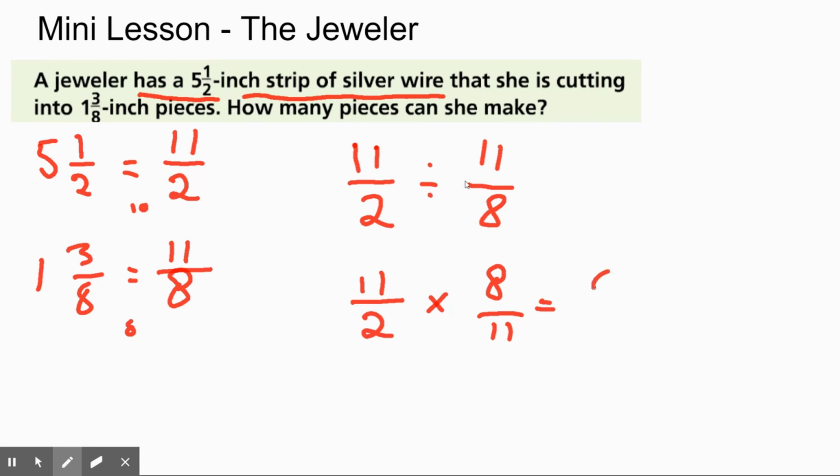We have 88, since 8 times 11 is 88. 11 times 2 is 22. And we can actually simplify this. 11 will go into both of these values. And you might actually notice that we have 11 here and here. If you've got them in opposite spots, they will actually just become 1, which doesn't, of course, affect anything in your equation.